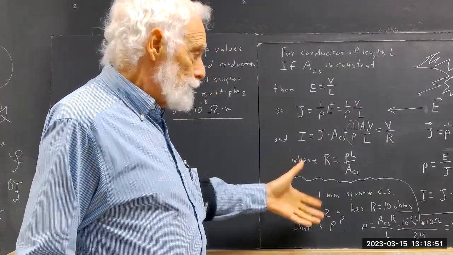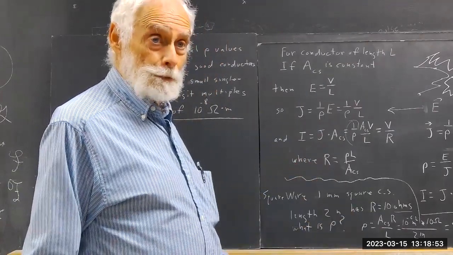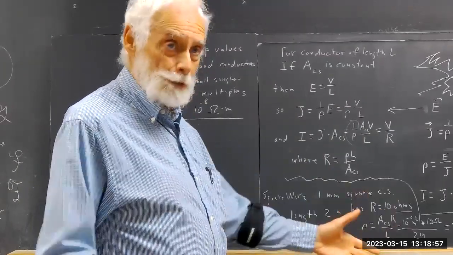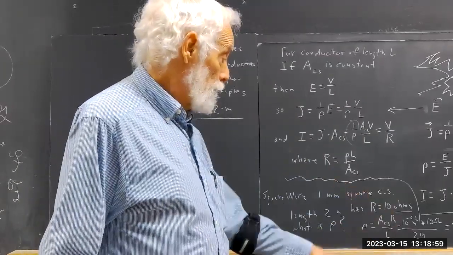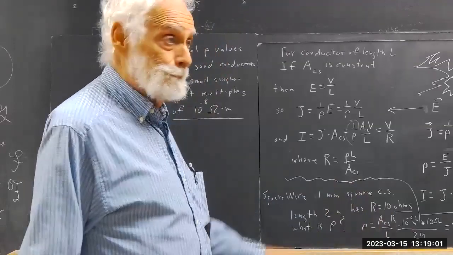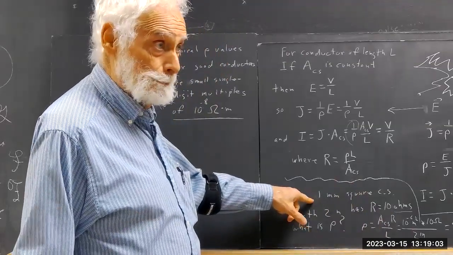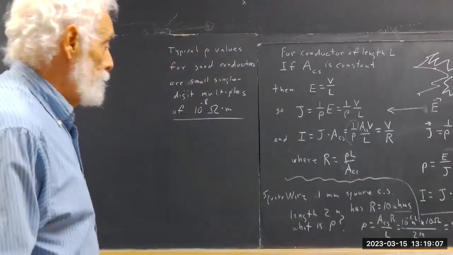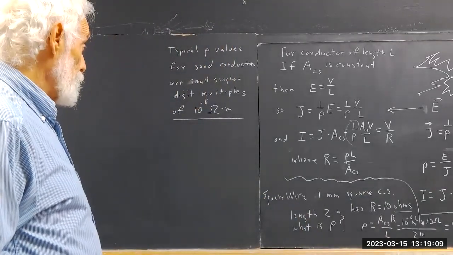Okay, so just get another feel. If this is accurate, and it's not, but it's in the right ballpark, you get 1,000 ohms with 1/10 of that cross section. So we should be able to get pretty good resistance out of this stuff.